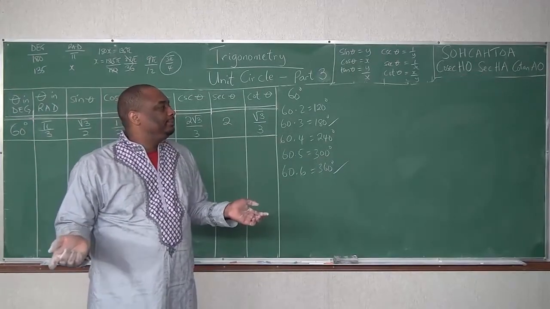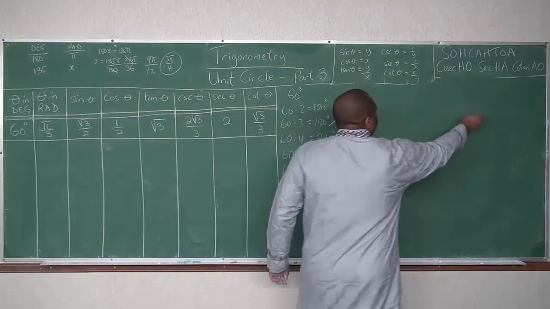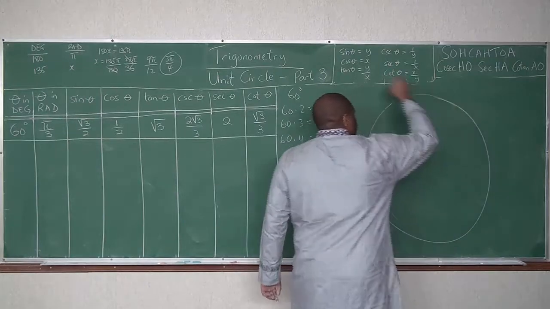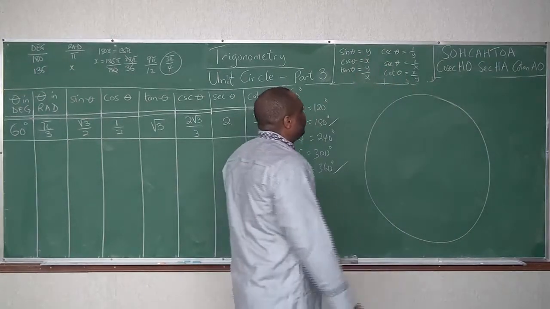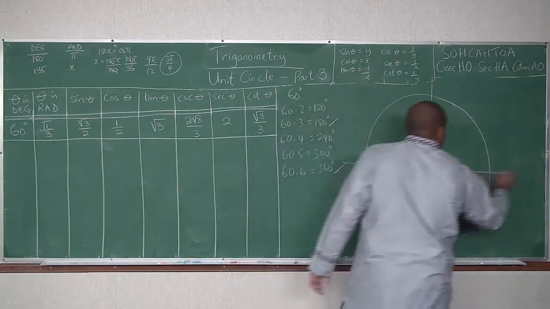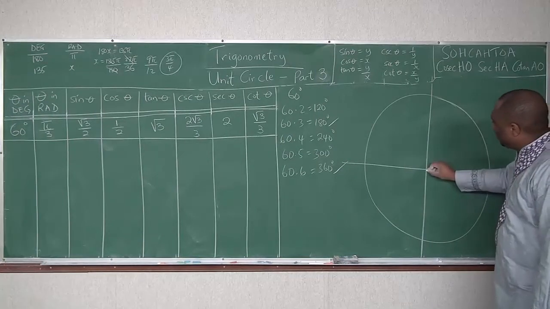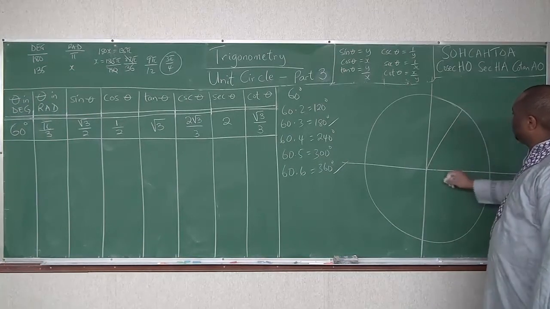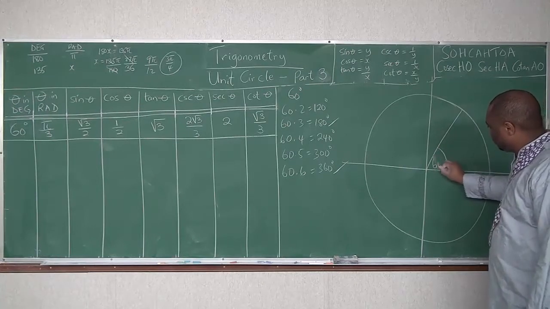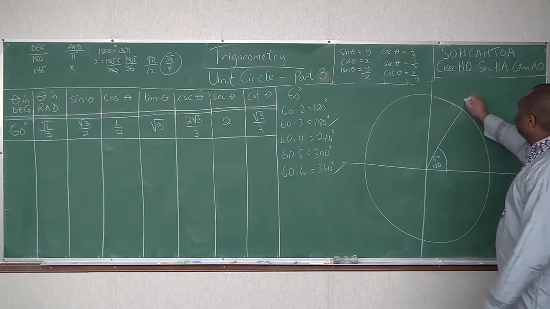Let's get our reference angles of 60 degrees. So we draw a circle. We have our quadrants. 60 is about here. 60 degrees. Okay, 60 degrees.